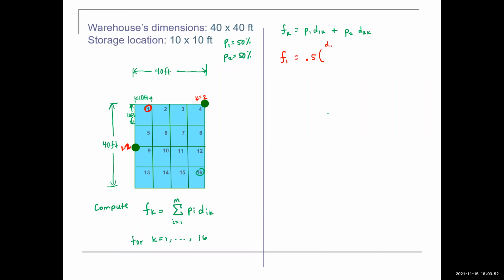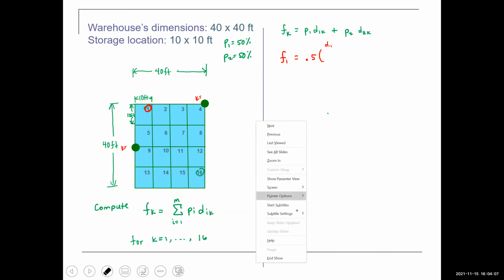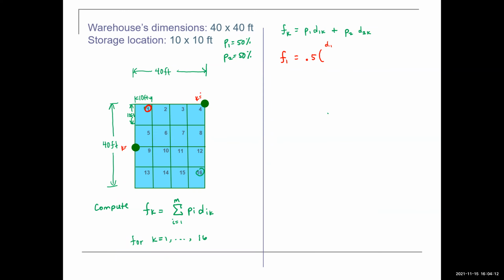Let me rename this quickly. This would be k equals 1. And this one, it doesn't matter. You can name one or the other, 1 or 2. The idea is that you use the corresponding distances.